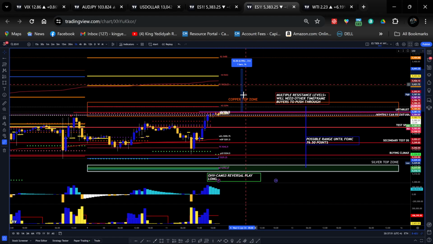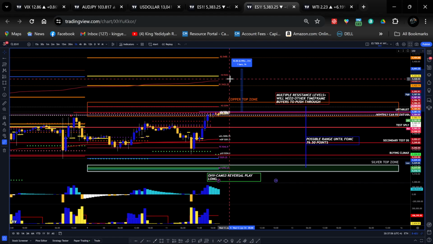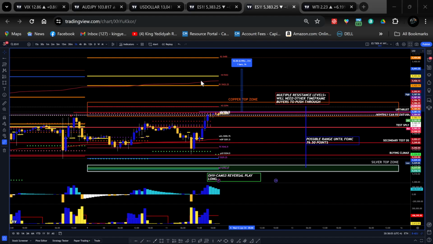So if we do get a measured move from today with strong buyers coming in, then it's all around this area that I'm looking at, right? Because everything is coinciding with these levels: measured moves, first and second upper deviation, Camarilla R4, floor pivot R1. So all around this general area is where I'm looking for price to shoot up before it gets some resistance around these levels, right? That's my bullish thesis on this.